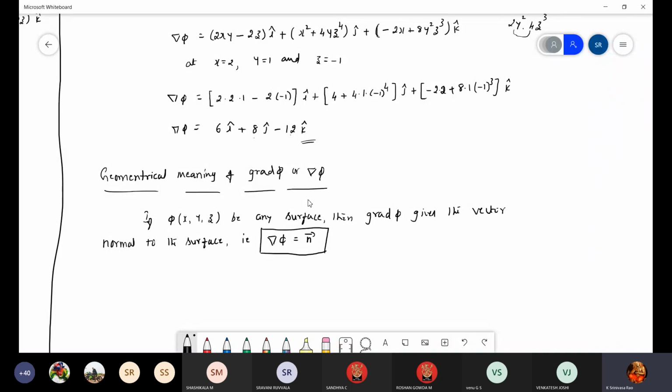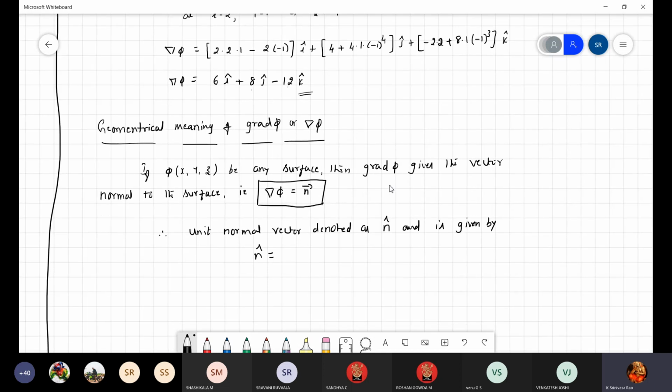Just I will tell you. Next line. Therefore, unit normal vector denoted as n cap and is given by, next line, n cap equals, anyone, what is the formula? n bar by modulus of n bar.